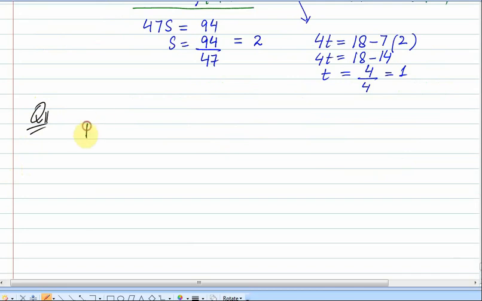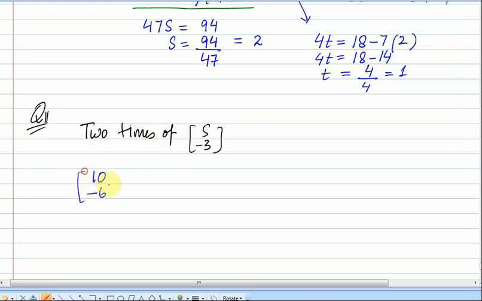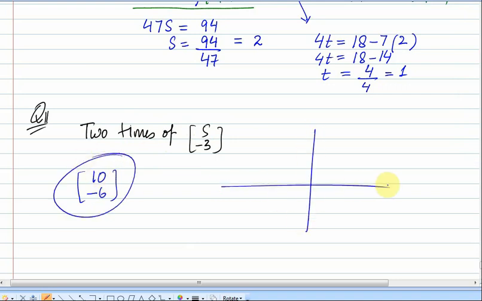It says 2 times (5, minus 3). That means it will be (10, minus 6). Now you need to plot this on your graph: 10 on the x-axis, and minus 6 on the y-axis. So that is the vector (10, minus 6).